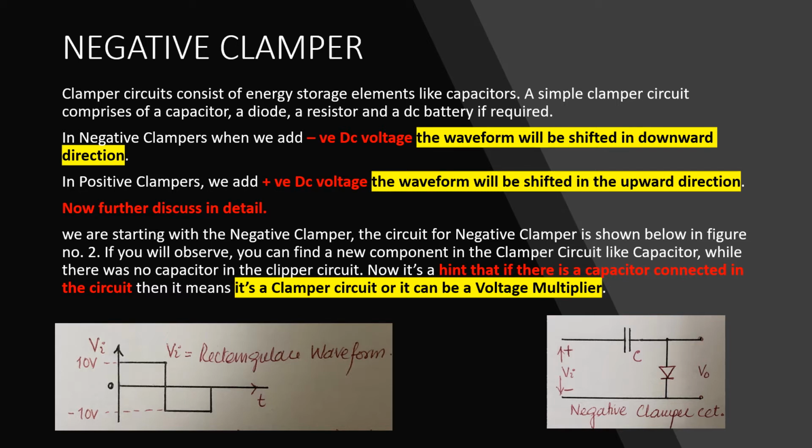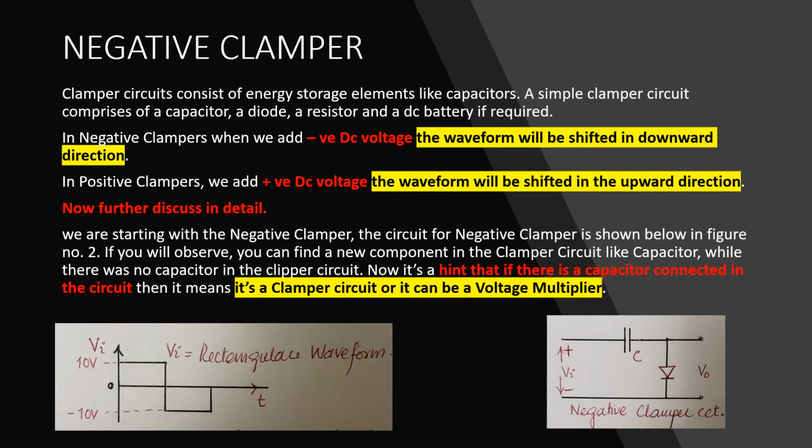It's a very simple negative clamper circuit for understanding. In negative clampers, we add negative DC voltage. The waveform will be shifted in the downward direction. In positive clampers, we add positive DC voltage. The waveform will be shifted in the upward direction.